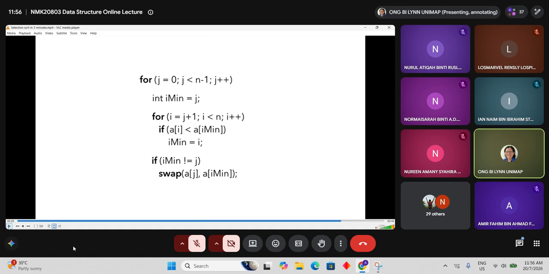Okay. So it will look for the minimum and then it sorts, okay? And then it repeats its process until the whole array is sorted. Alright? So this will be the code. Okay, lastly, we go to shell.